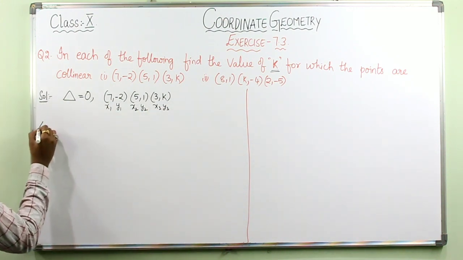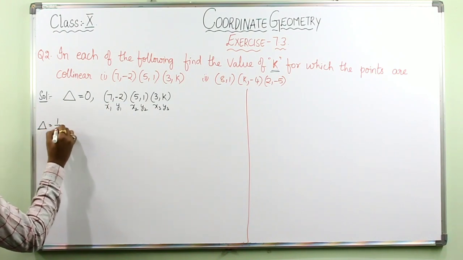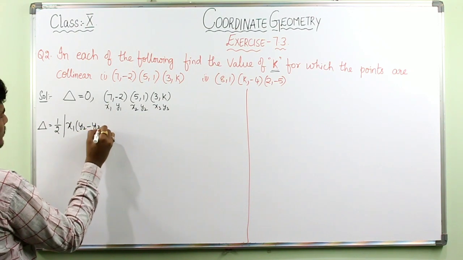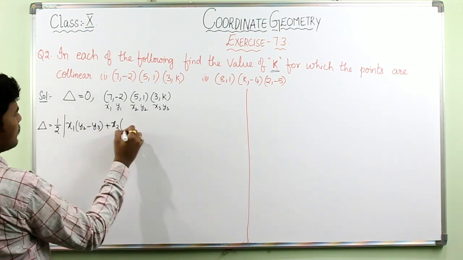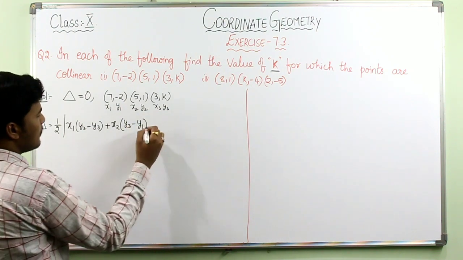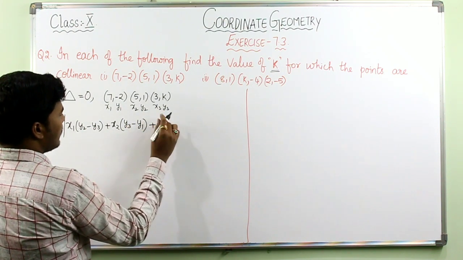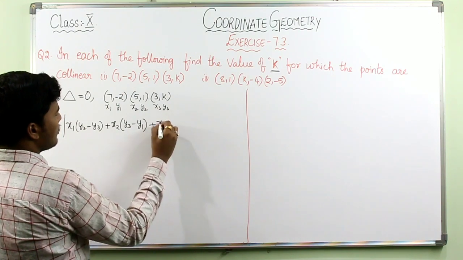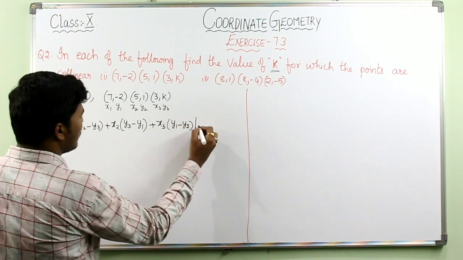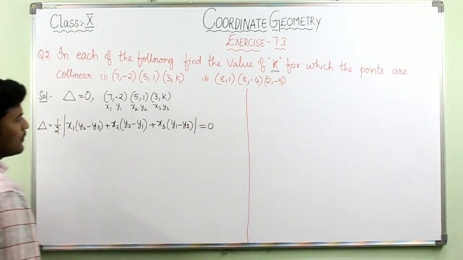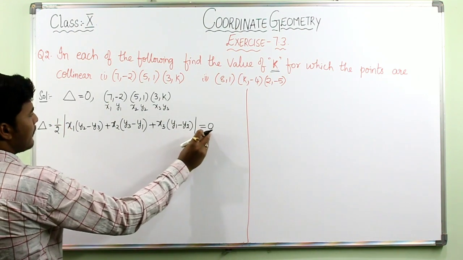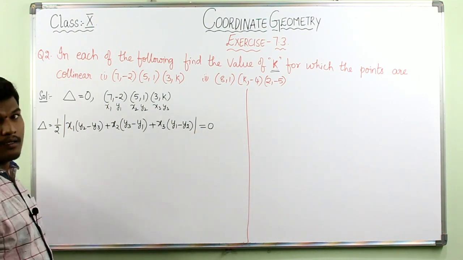Now the area of the triangle is given by half modulus of x1 into (y2 minus y3) plus x2 into (y3 minus y1) plus x3 into (y1 minus y2). This is equal to 0. Why are we equating it to 0? Because the given points are collinear.